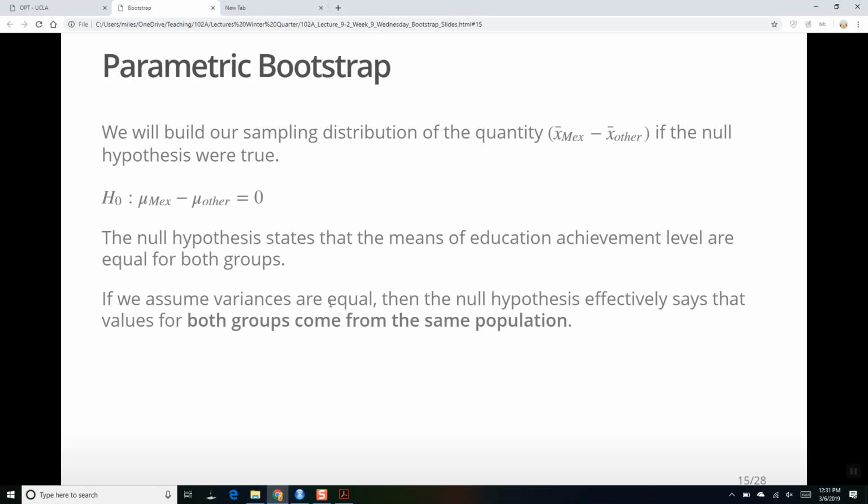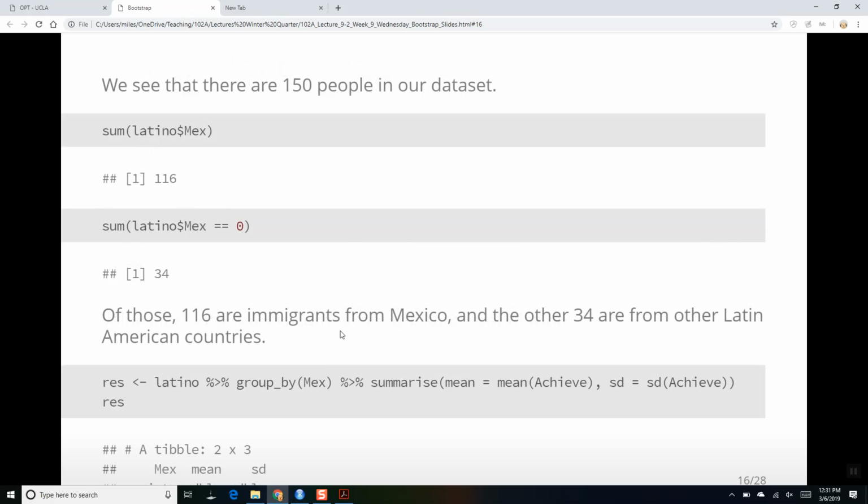That they have the same mean, they're coming from the same population. So that's what we're going to use to generate our parametric bootstrap data. So we're going to say both groups come from the same population.